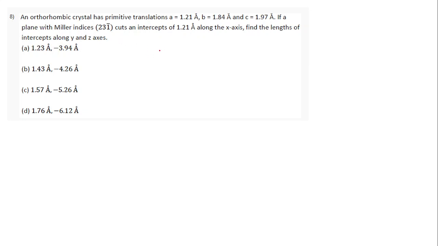So here we know that whenever we have x, y, z, let me draw it.